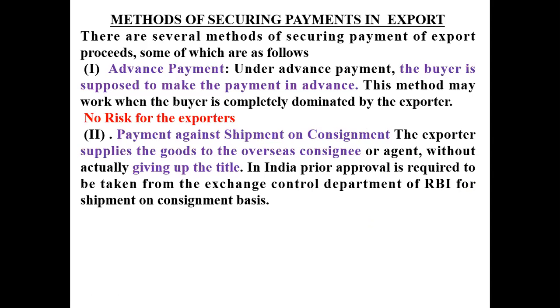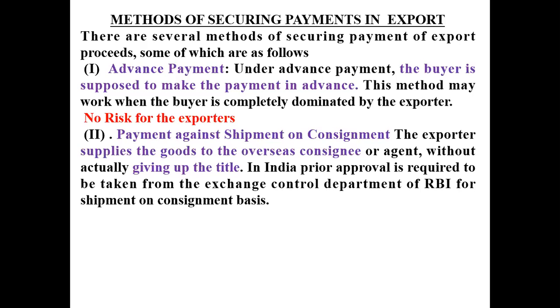Suppose the exporter dispatched goods, say of value around 1 crore rupees, to the agent. Now the agent will sell the goods, but there is no guarantee that the agent will be able to sell the entire amount.